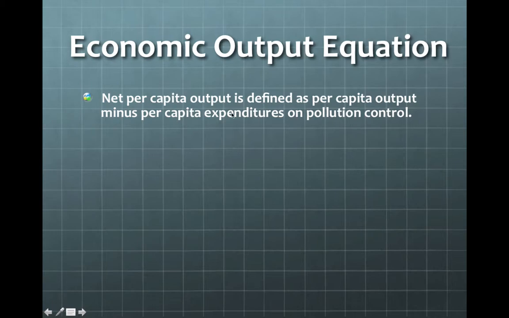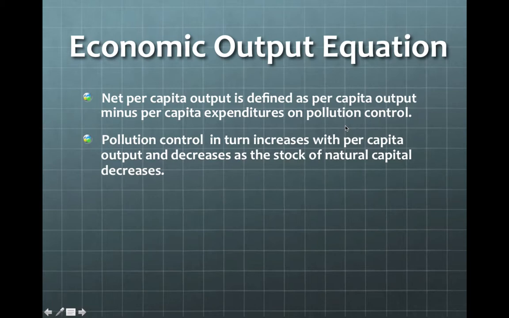So the net considers the cost of controlling pollution. The pollution control, in turn, increases with the per capita output. So the more you produce, the higher your cost to control pollution. That sort of makes sense.